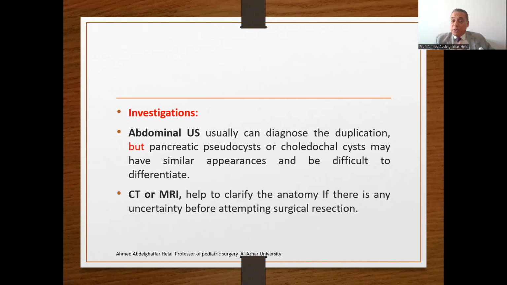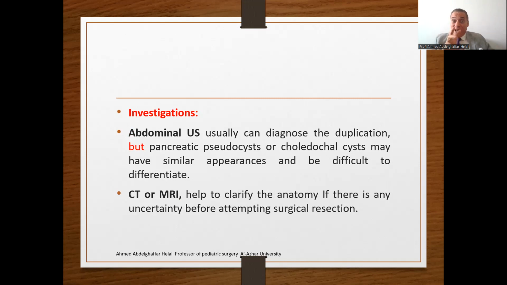For investigation, ultrasound usually diagnoses the duplication. However, a pancreatic pseudocyst or choledochal cyst may have a similar appearance and be difficult to differentiate with ultrasound. So this may be a pancreatic pseudocyst, not duplication, or maybe a choledochal cyst. CT or MRI help to clarify the anatomy if there is any uncertainty before attempting surgical resection.